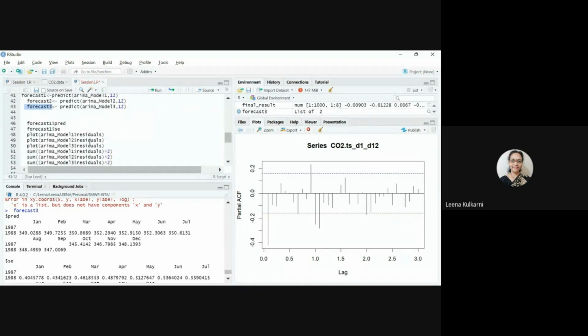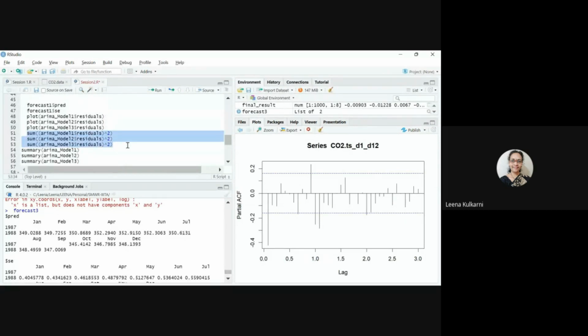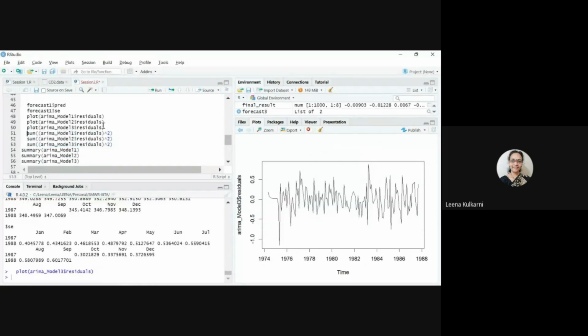And if you want, you can find out the residual sum of squares also. You can check for the assumptions, whether the errors are white noise or not. You can just plot those residuals.